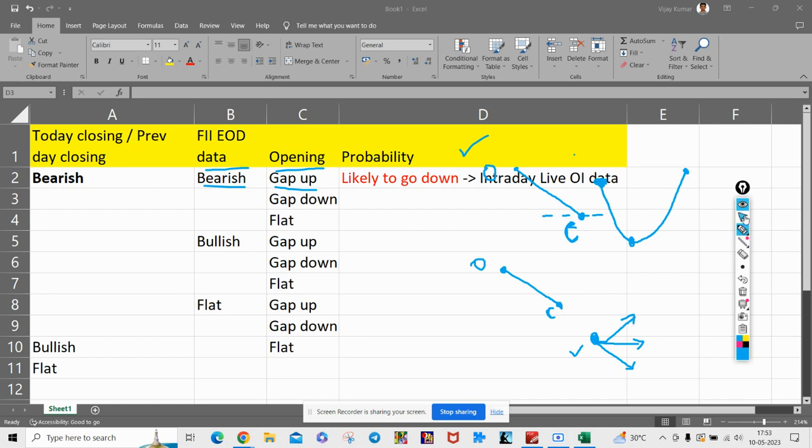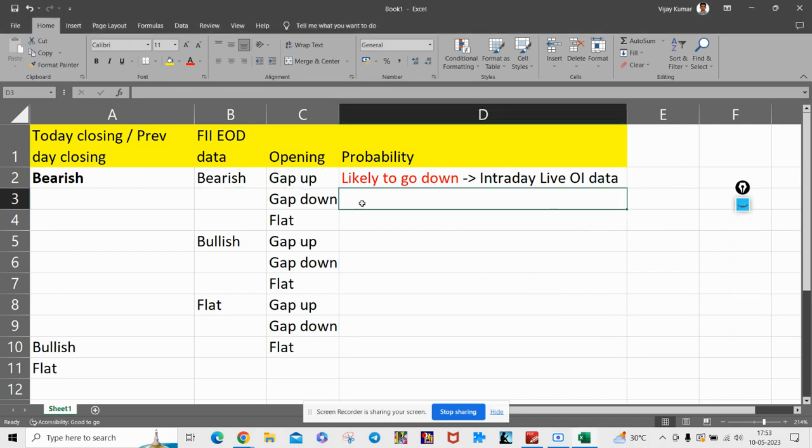So in this case, the chance of them booking the profit increases, right? Because it is already in a favorable position, right? And then based on the intraday data, it will take the future direction.